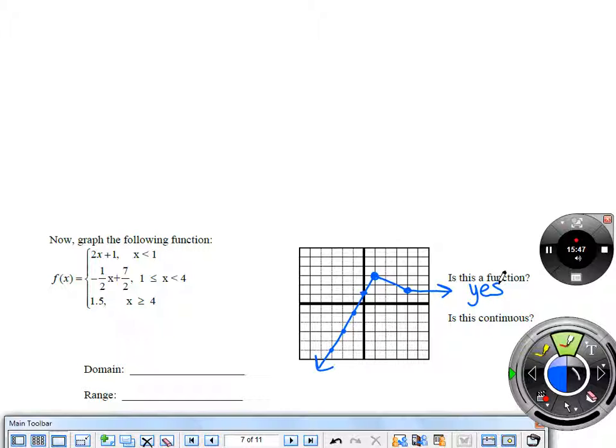Second question, is it continuous? So continuous means exactly what it sounds like. Can you draw this entire graph without ever picking up your pencil? Yes. How would the graph have been made discontinuous? What could I have done with my equations or my limitations or whatever to make sure it was not continuous? Okay, I could have some parallel lines in there.